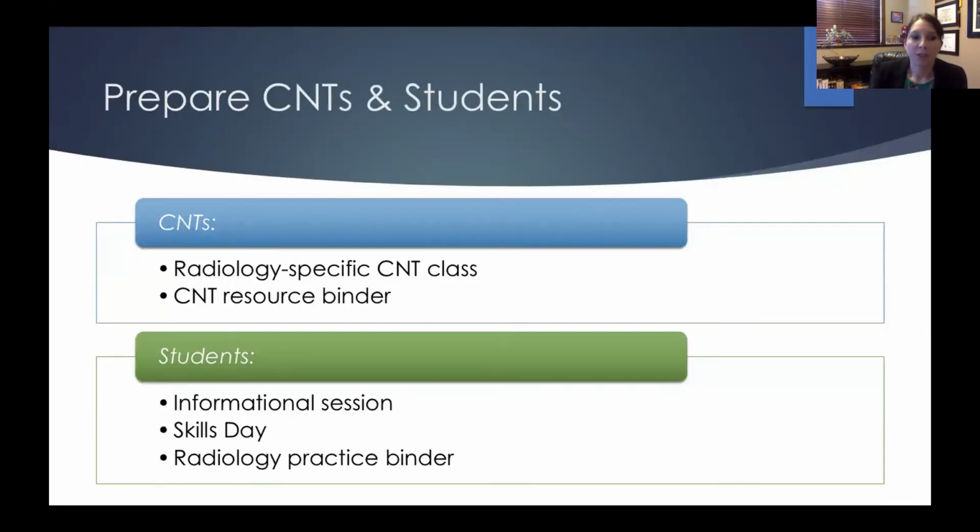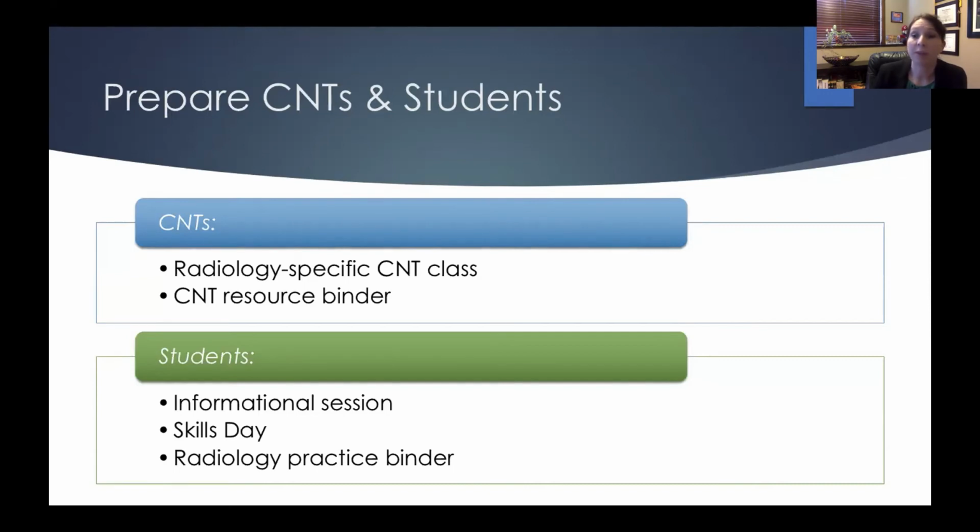Through the literature, we found one consistent need for success was proper preparation before the start of clinicals. In order to properly prepare our CNTs, we facilitated an educational day for them to learn how to interact with students in radiology-specific scenarios. We also created resource binders to have available on each unit for their reference during the clinical semester.